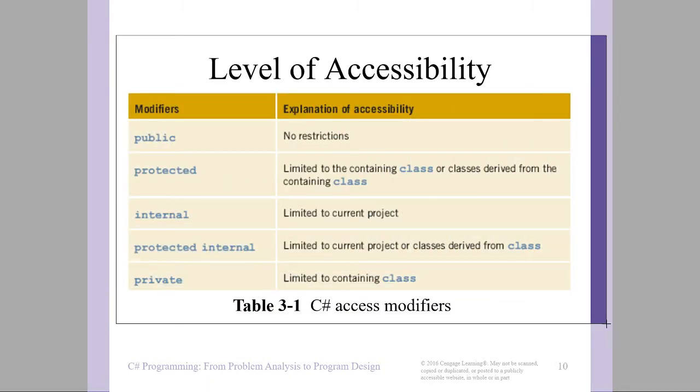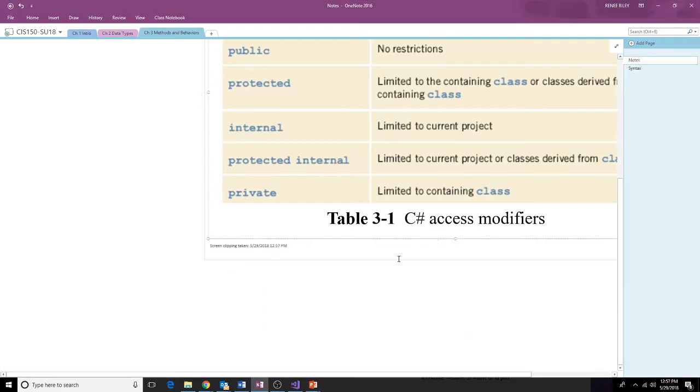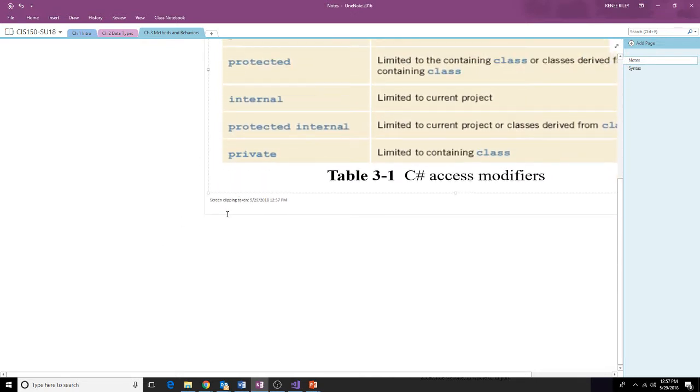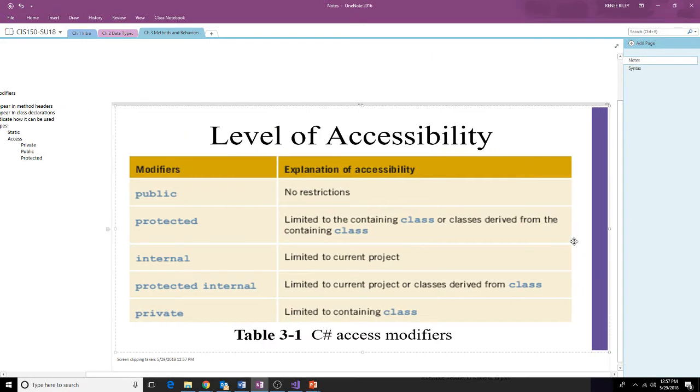I'll say, oh, I want this. And now I have that within my OneNote notebook. I can use Shift and resize to make it a little more manageable of a size. And of course, I could always resize it before I clipped it if I wanted to make sure that I was getting something of a certain size.